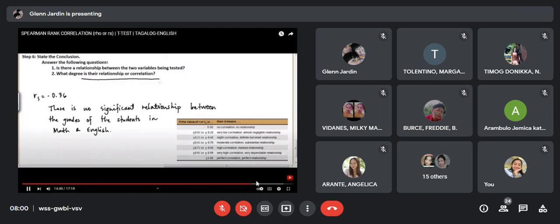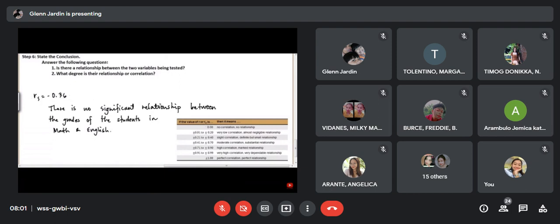And then, ang degree ng relationship nila or gaano kababa or gaano kataas yung relasyon nila sa isa't isa or correlation nila. So, ang naging R sub S natin is negative 0.36. So, nasan yan? Nasa gitna nito, guys. Ayan. So, meron silang slight correlation. Okay? So, guys, pag sinabing correlation, relationship, same lang yan, ha?